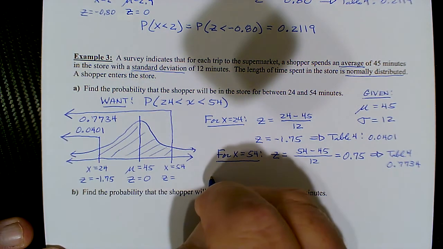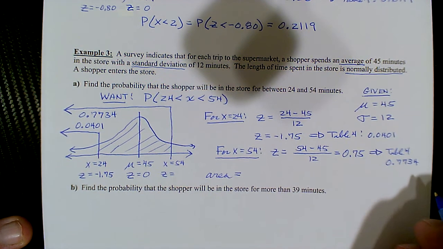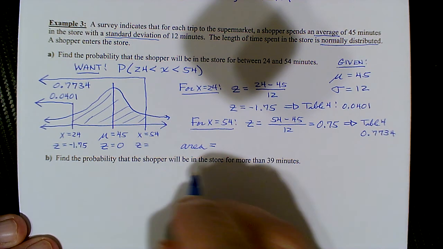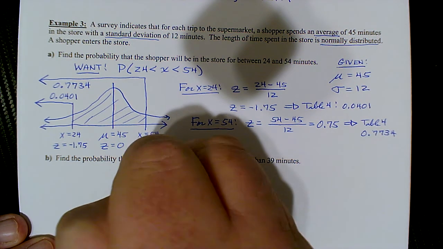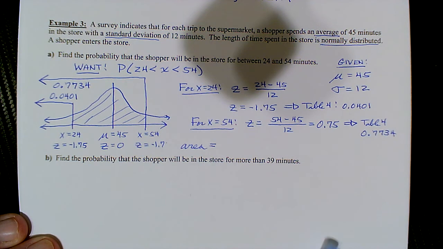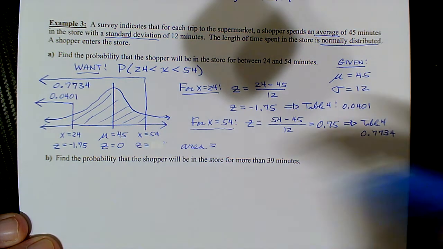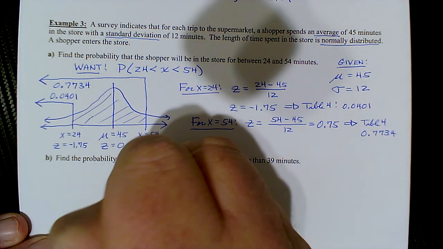Okay, and then I'm just going to start saying area. If you want to use that probability notation, that's great, but area is sufficient. And since I'm between, if I want to be complete, I'll label this negative 1.7. Nope, that was the 0.75, positive. Okay, so that's being complete.